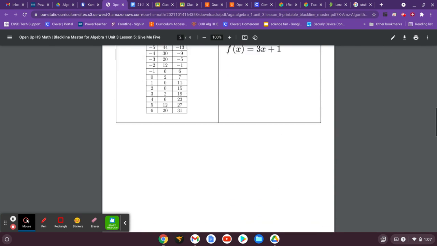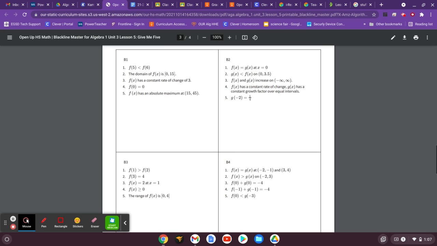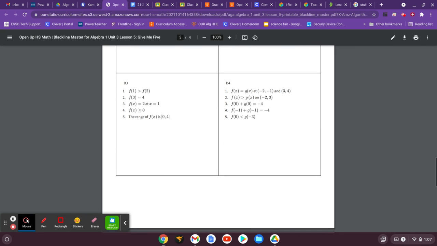So if I come down to the B's, domain is 0 to 15. That doesn't work because we just said domain was -4 to 6. So f of x and g of x, we don't have two functions, so it can't be that one.